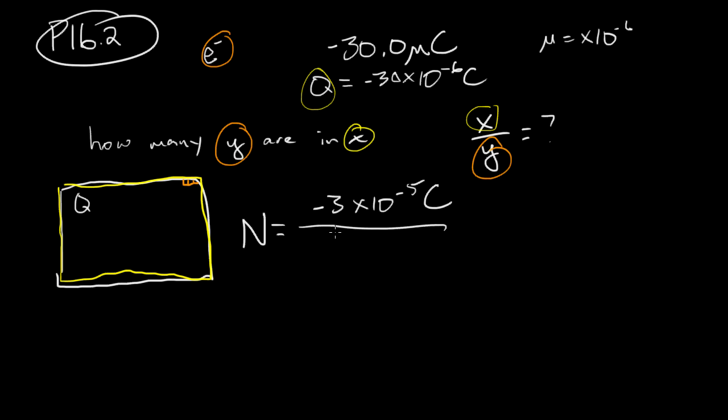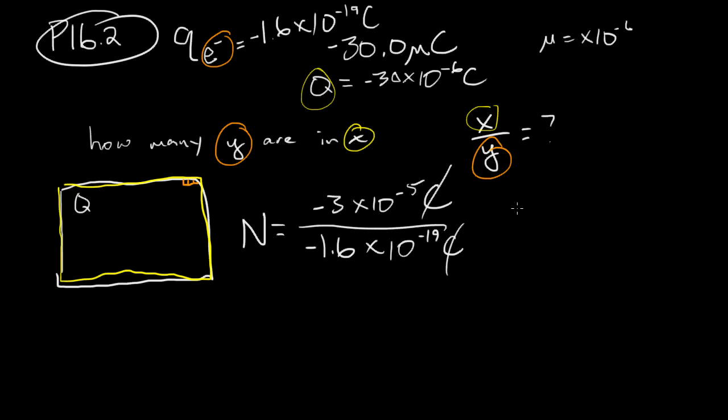minus 5. And then we need to divide by the charge on an electron, which equals, let's do Q sub E minus equals minus 1.6 times 10 to the minus 19 coulombs. Alright, so we have minus 1.6 times 10 to the minus 19 coulombs.